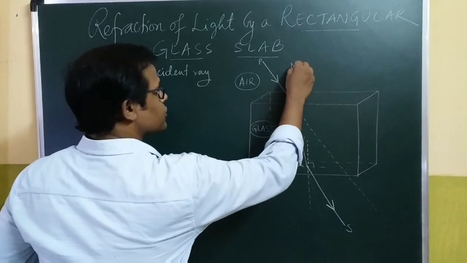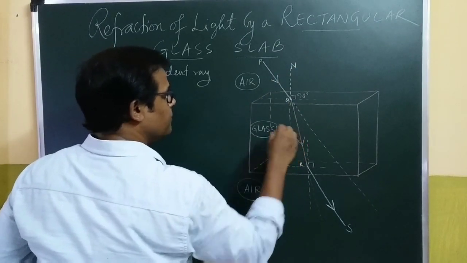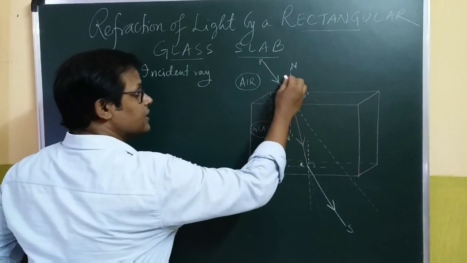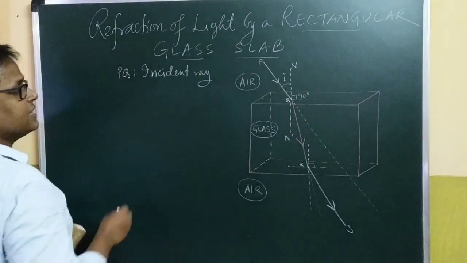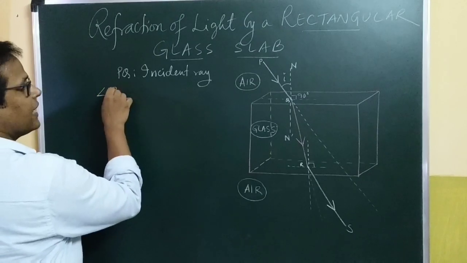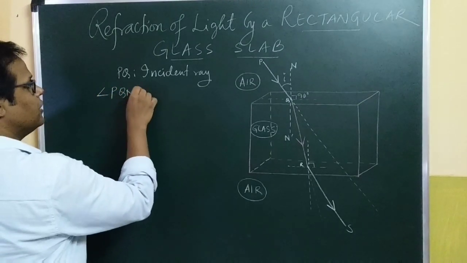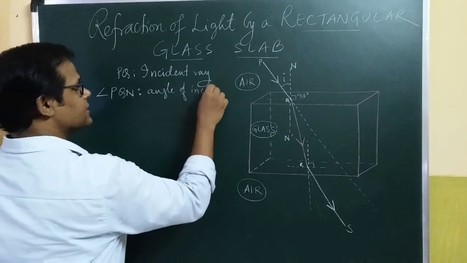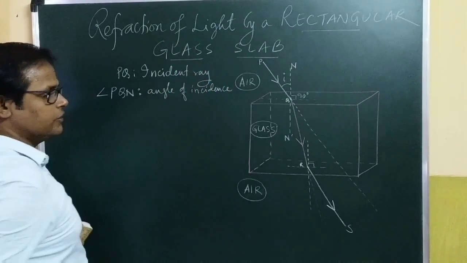PQ is called as the incident ray of light. So this is my first normal N prime. So the angle between the normal and the incident ray of light is called as your angle of incidence. So in the diagram, angle PQN should be called as angle of incidence. Alright, good.